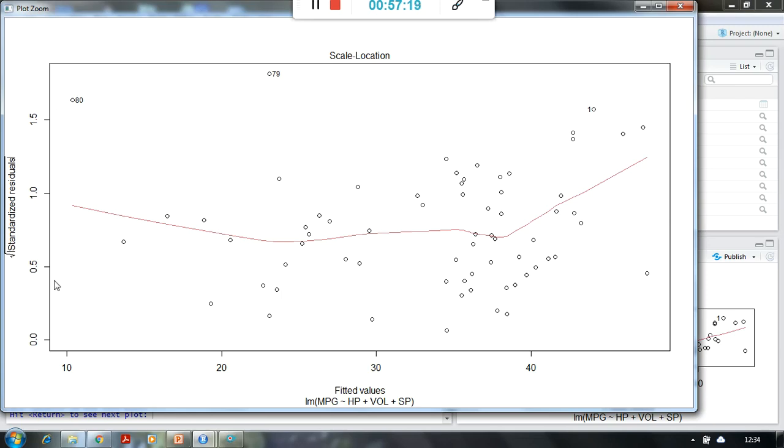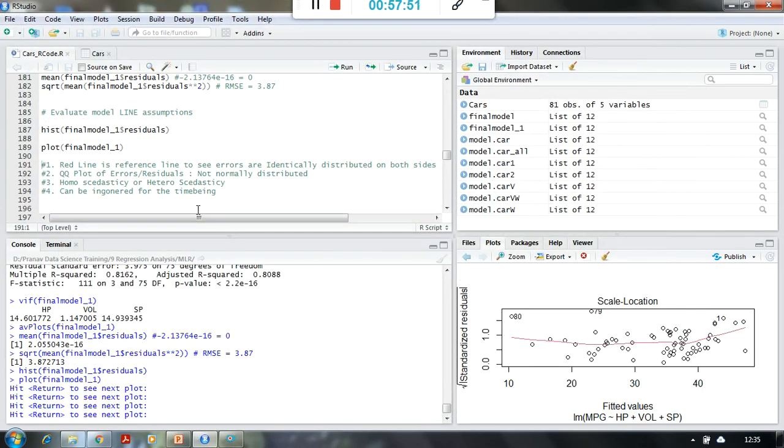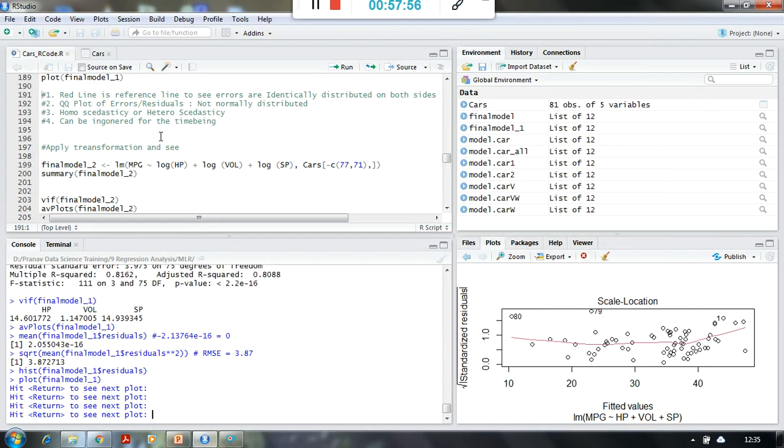Almost the same distance from this, if I plot a curved line like this, then it is containing, except for 80, 79 and maybe this point and this point, except these 4-5 points, all the points will be covered in a pipe shape like this. Which means that it is giving me a constant variance as well. My errors are having a constant variance, so it is homoscedasticity. This model is a good model, we can say, right?